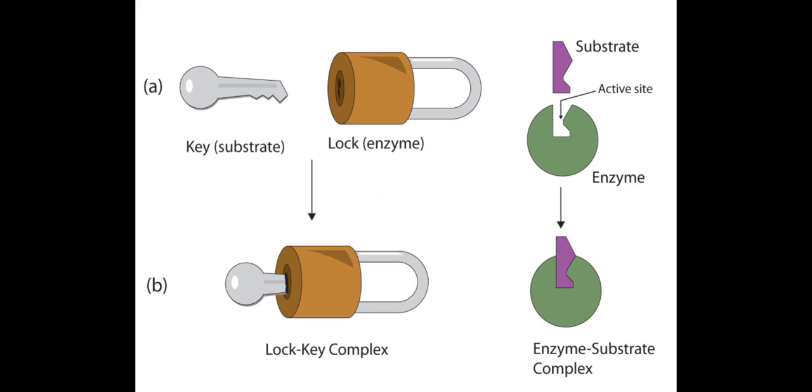That key can open the lock or close the lock. Like that, every substrate is specific to the enzyme, and the enzymes are specific to the substrate. So this is called enzyme specificity. The key is specific to the lock.